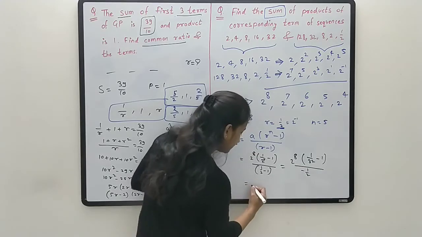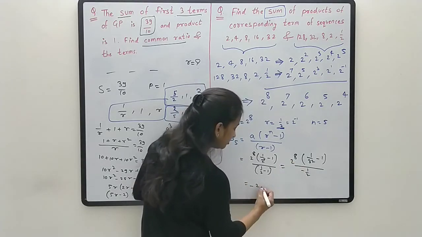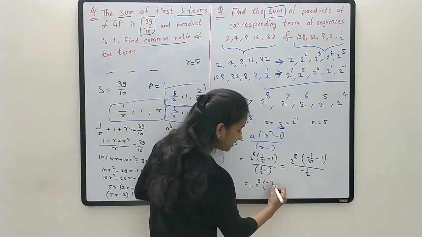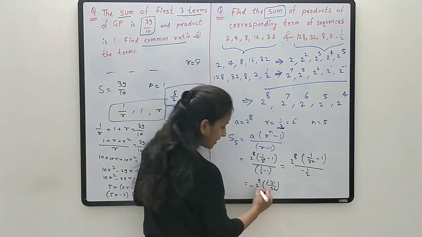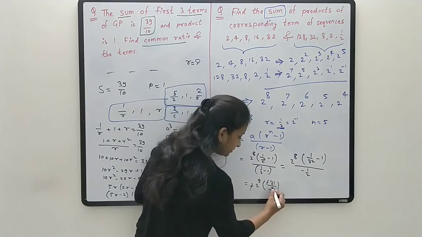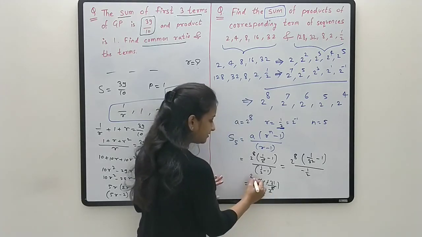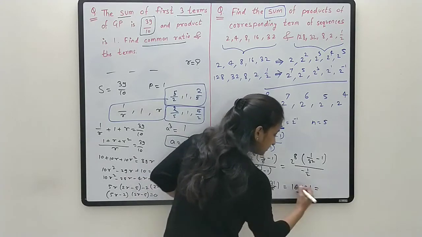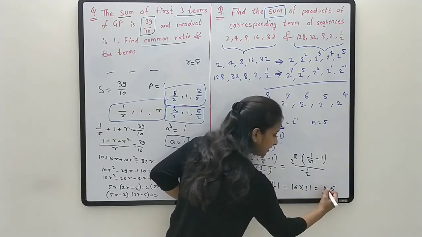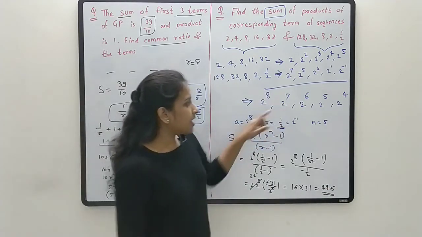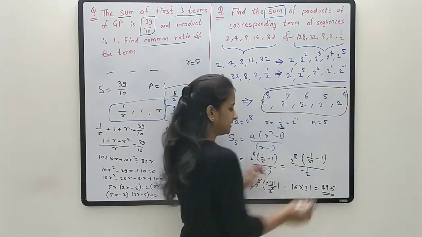So minus 2 comes here, 2⁹ into (1 by 32 − 1). We will get minus 31 by 32, minus minus plus. In the denominator we got 32, so 2⁵, this and this get cancelled, we are left with 2⁴. So 2⁴ is 16 into 31, which is 496. Sum of all these terms is 496.